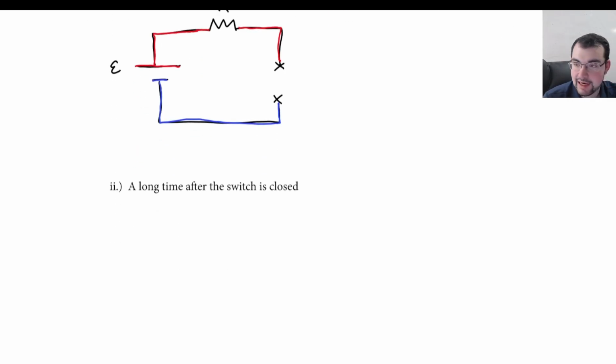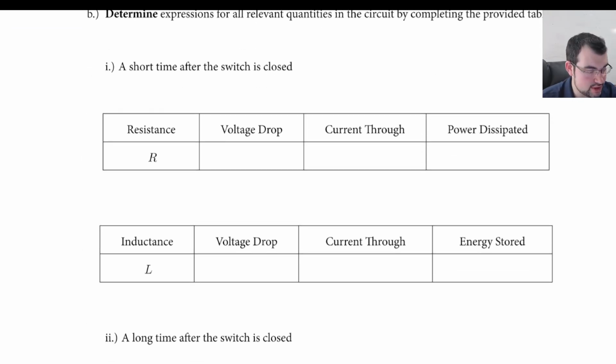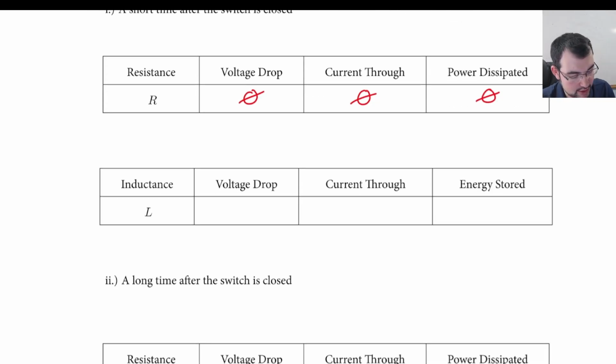If we fill that out in our table, the resistance has no voltage drop due to no current, so it dissipates no power. What about the inductance? Well, the inductance has the entire battery voltage across it, but there's still no current in the circuit, so it does not store energy. It's just extremely unhappy.